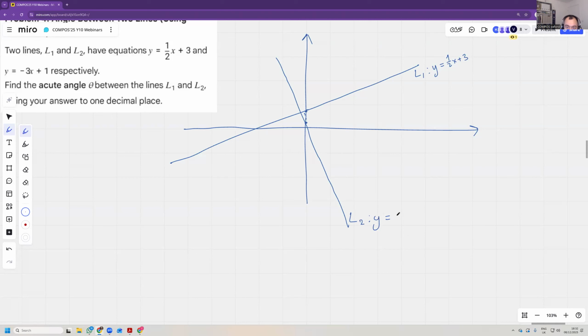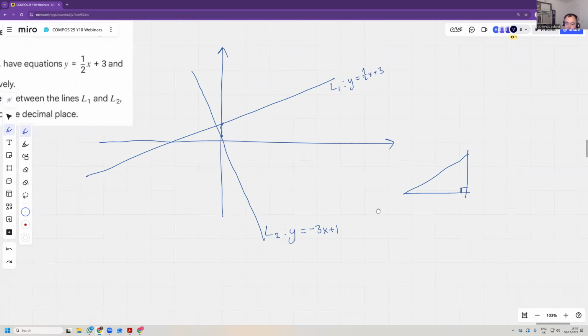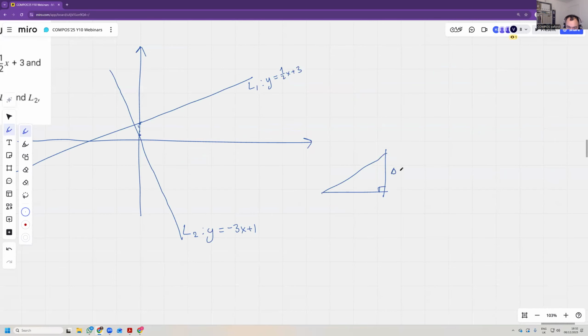L2 is y equals minus 3x plus 1. The gradient is change in y over change in x. And if you take this angle, theta, then tangent theta is delta y over delta x, which is the gradient.